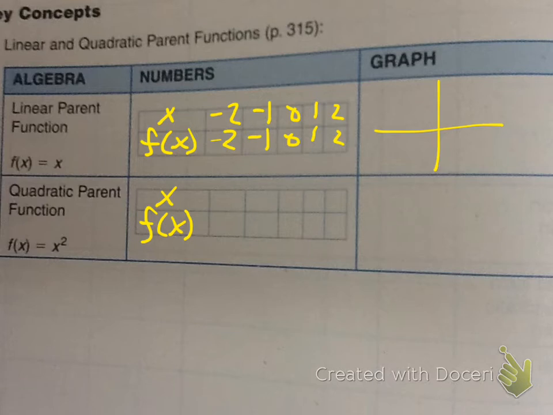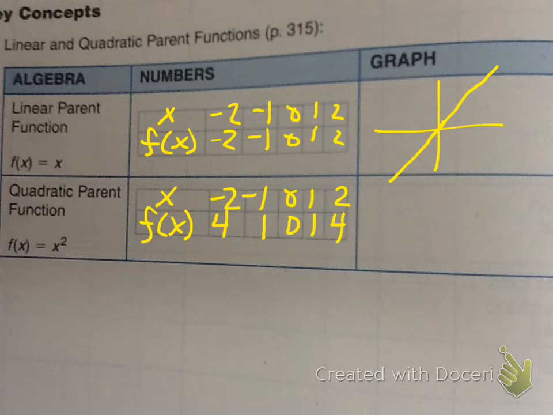And it would give me a straight line. But for the quadratic, if I do -2, -1, 0, 1, 2, I don't get those same numbers. I get 4, 1, 0, 1, and 4.